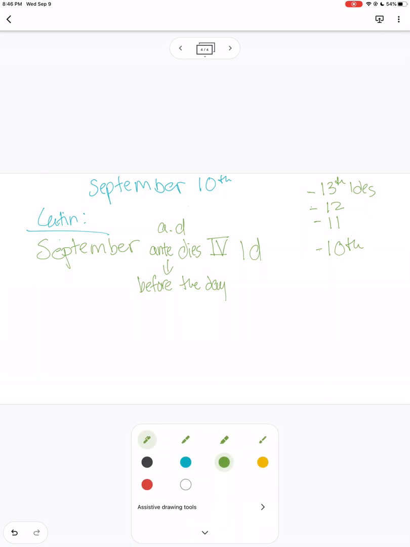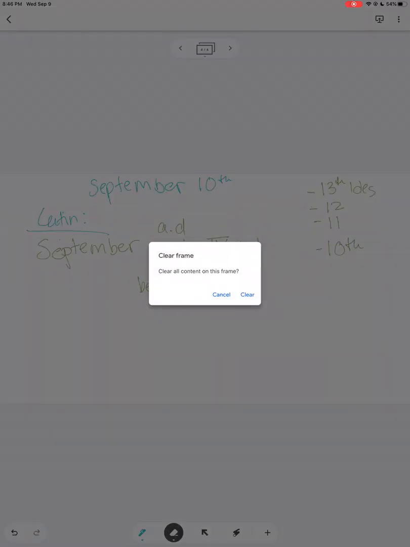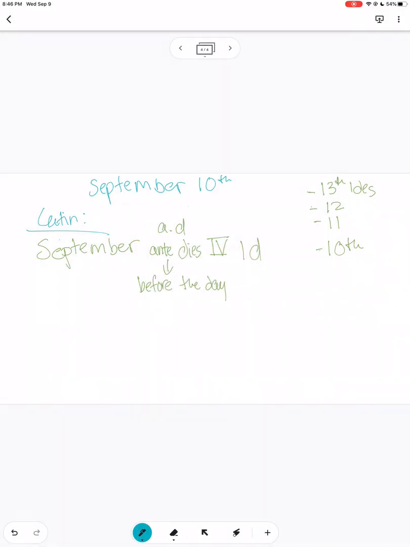How about we do, what's a good date to do? How about the 18th? So September, how about we do Christmas? Well actually, do we want to keep the 18th or not?